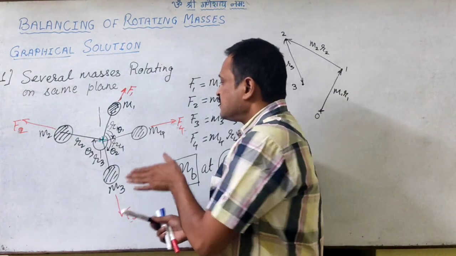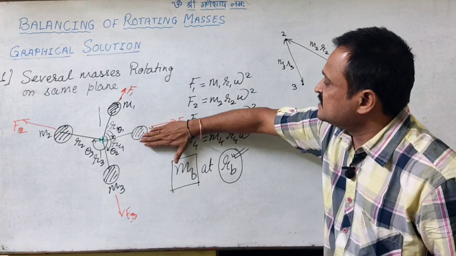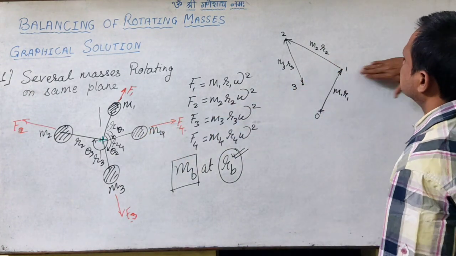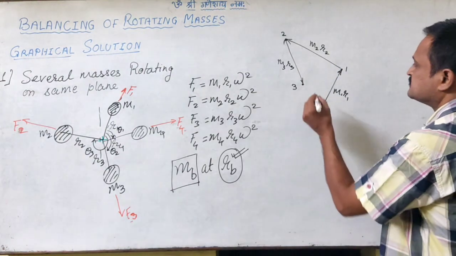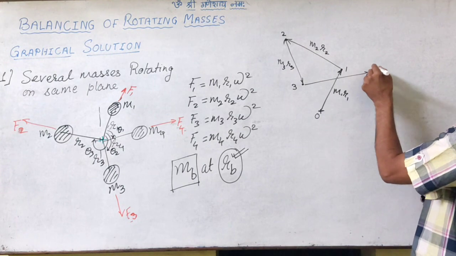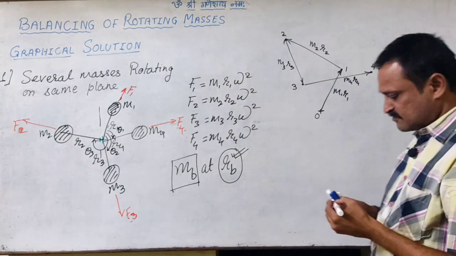And say F4, this force is acting in this direction. This is F4, so this is point 4, which is M4 R4.